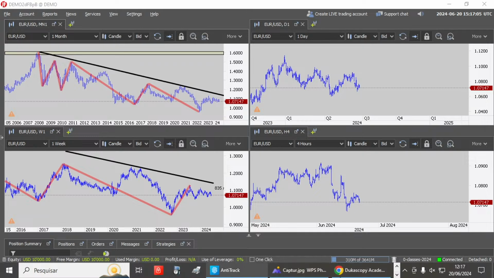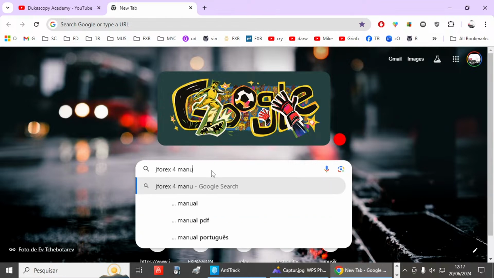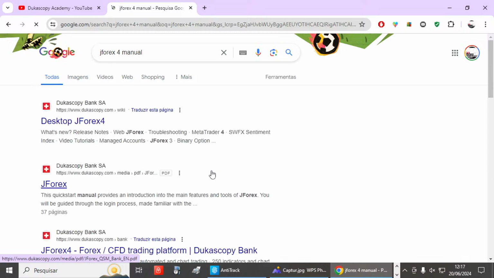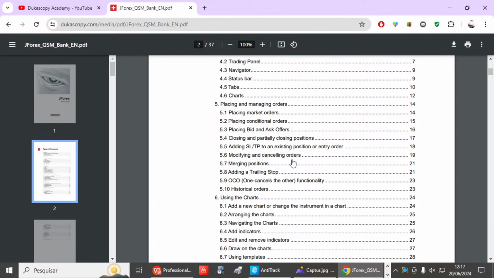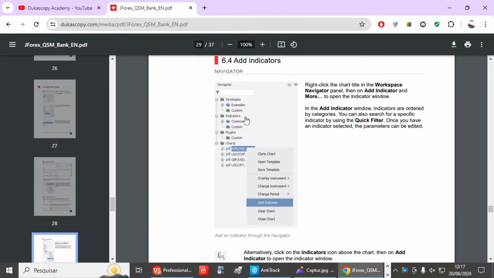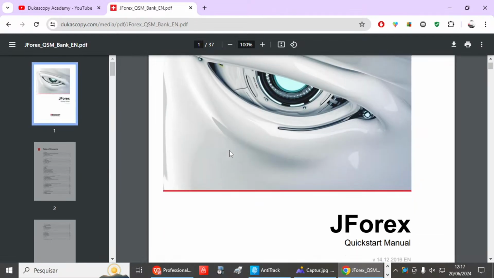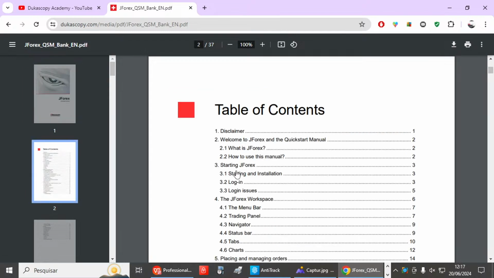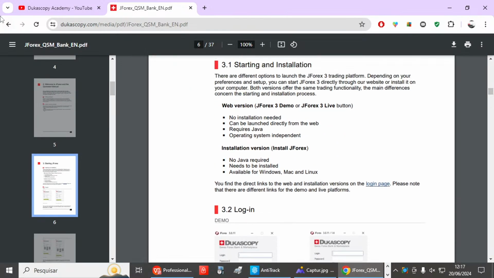And to have the full functionality, everybody, I believe if you go to the JForex 4 manual, desktop JForex 4, oh, this is JForex 3, okay.